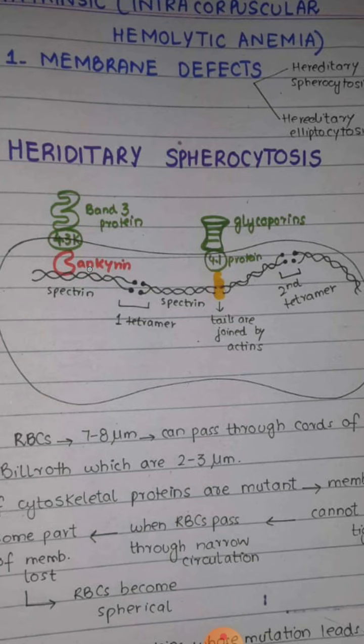Similarly, we have ankyrin, 4.2 protein and band 3 protein. So these are all the vertical proteins. Spectrins are the horizontal proteins, and actin, 4.1 protein, glycophorins, ankyrin, 4.2 protein and band 3 protein are all the vertical proteins in the membranes of the red blood cells, and these are basically cytoskeletal proteins.